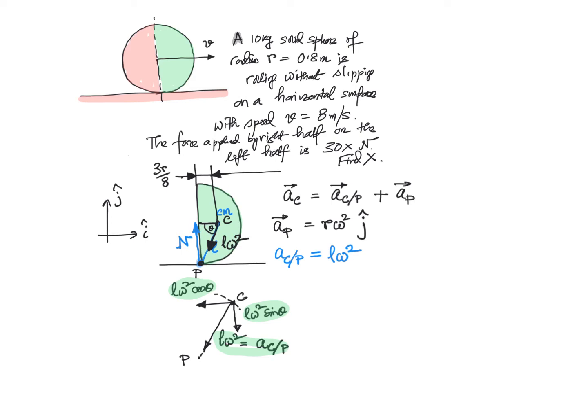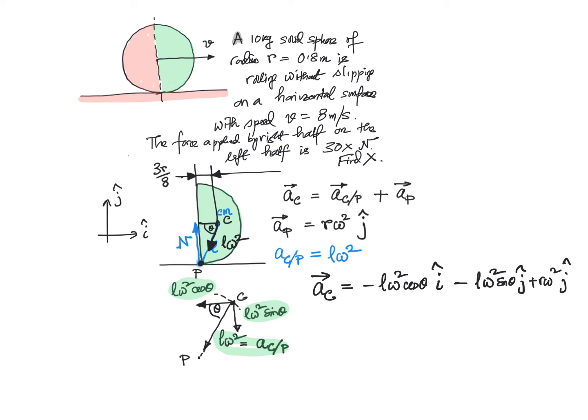Now, if you have to write this, acceleration of C is equal to minus L omega square cos theta times i cap, then minus L omega square sin theta j cap, and again you have to add plus r omega square j cap.